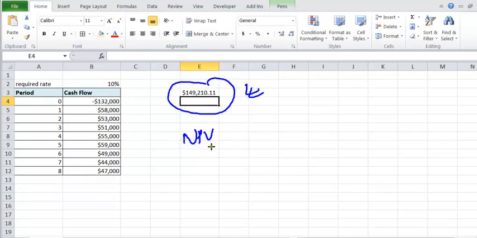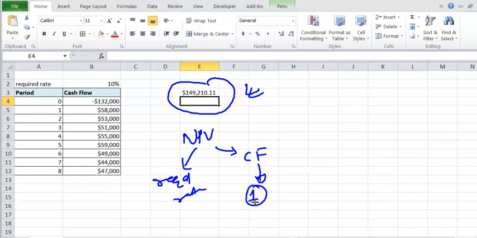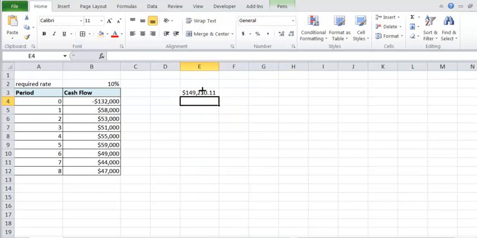In case of NPV, you require the required rate and then the cash flows. Always ensure that the formula has cash flows starting from the first period from today, whatever is the first cash flow at the end of the period, and you start from there. Do not include the cash flow that is going to happen today. That is the important point in NPV calculation.